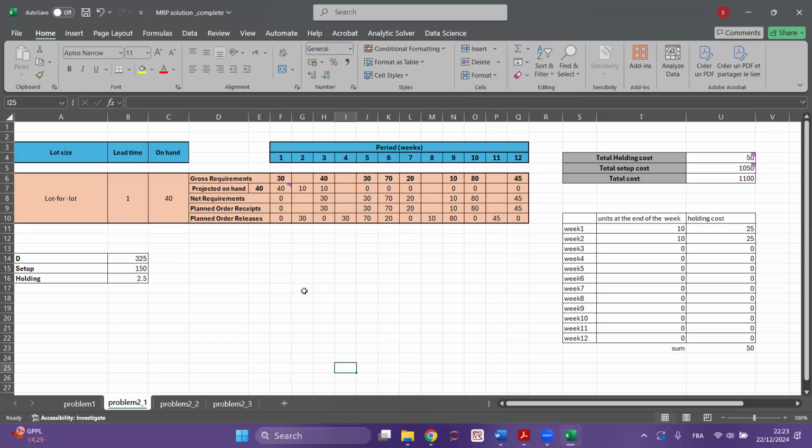So this is part 1, and the lot sizing technique we're going to use is lot-for-lot, just like problem 1. So this is not very challenging. It's exactly the same as problem 1. We have 40 units on hand in the first week.